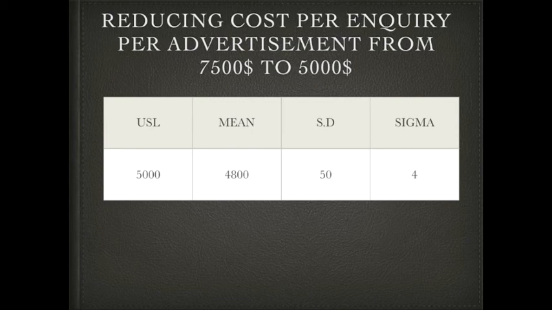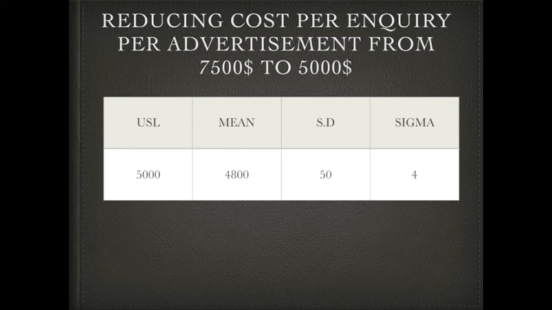When we increase the number of inquiries at a much lower cost, that is less budget, the cost per enquiry per advertisement will automatically reduce. This helps us in assessing how effective the advertisement is for a particular campaign and how to effectively reduce the cost per inquiry.